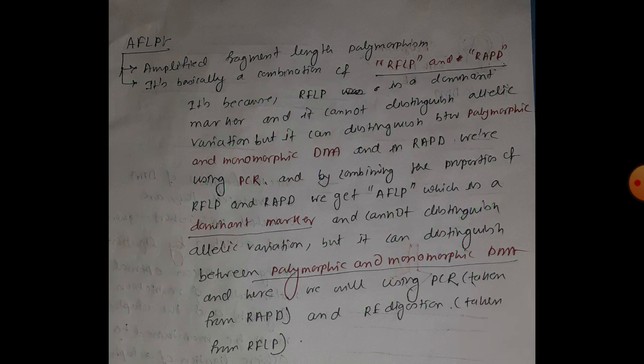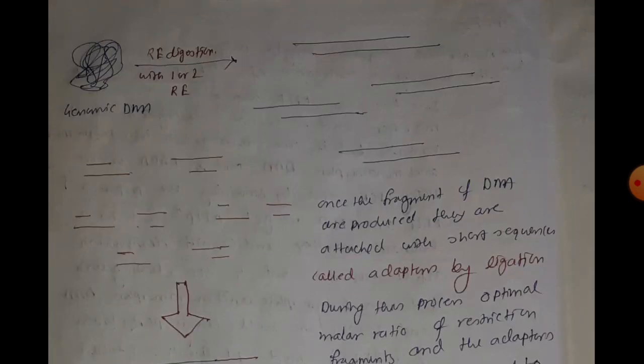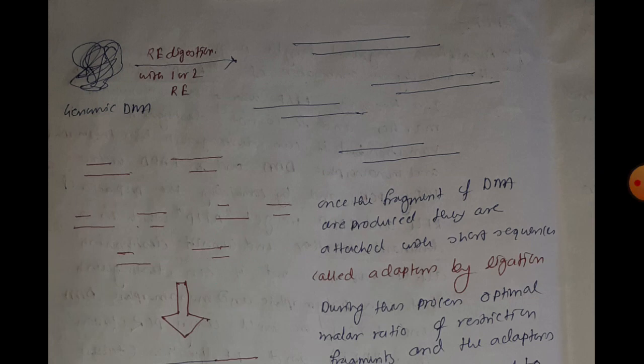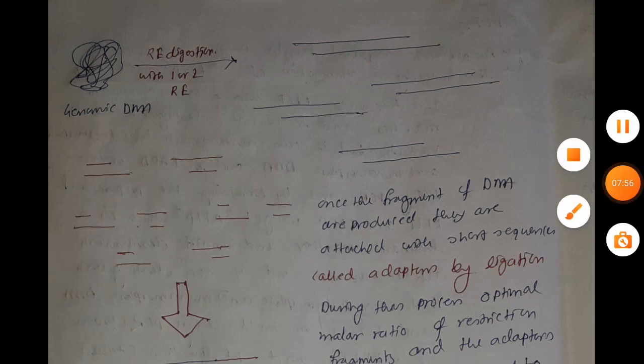From that we can only distinguish whether the allele that the child contains is the dominant allele or the recessive allele. But we cannot tell the genotype of the child, right? That problem was solved later by codominant markers, for example SSR, which we are going to discuss.